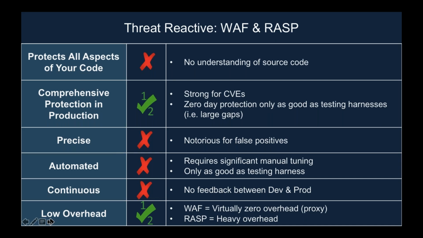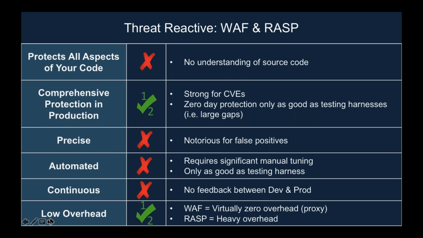Let's look at web application firewall and runtime application self-protection. These solutions inherently treat the application as a black box, right? So there is no understanding of the source code. The way RASP typically works is it relies on your test suite to model the behavior of your application. So the effectiveness of RASP is as good as the effectiveness of your test harness.